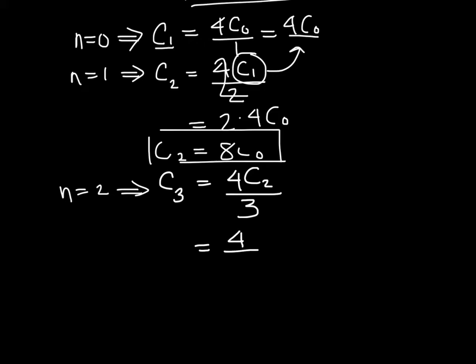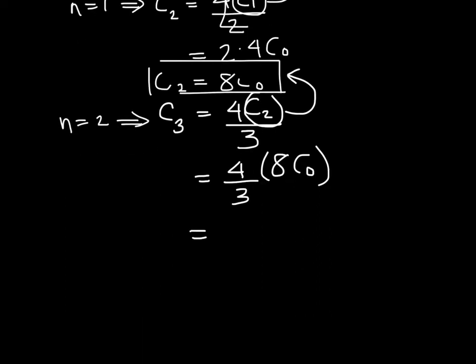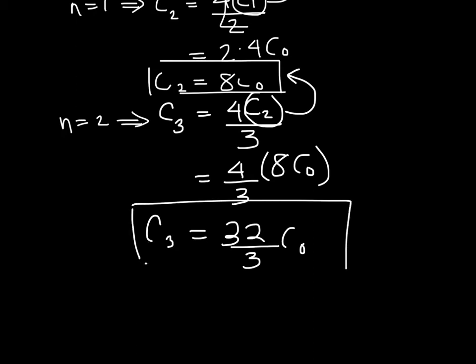So I have 4/3, but what is C2? Well, C2 is right here. That's just 8 C naught. And then what I have is 32 over 3 C naught. So that's what C3 is.